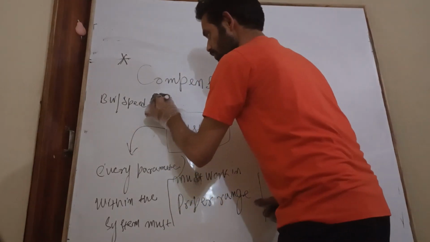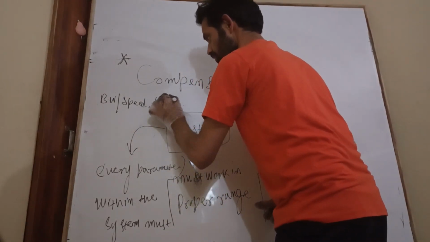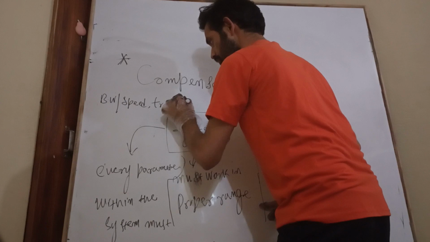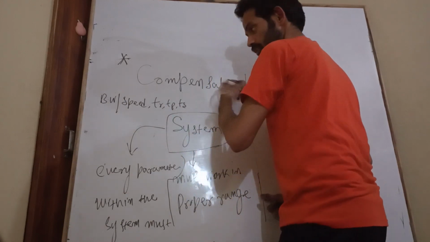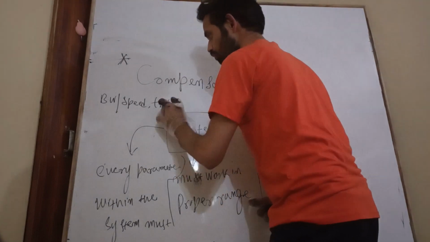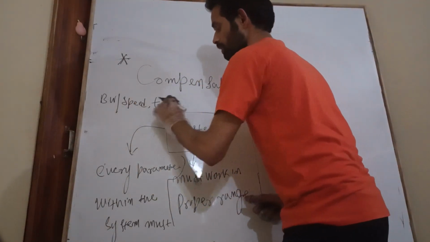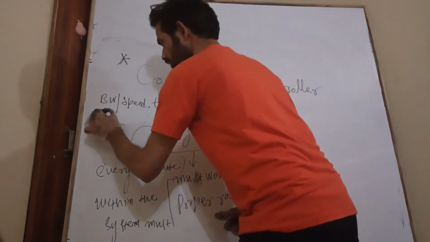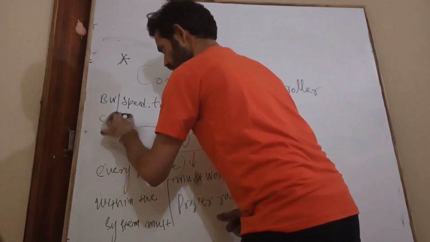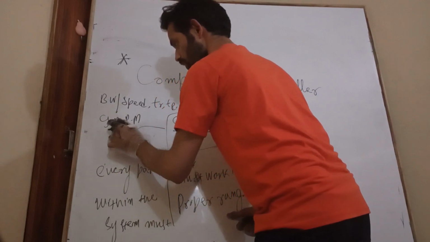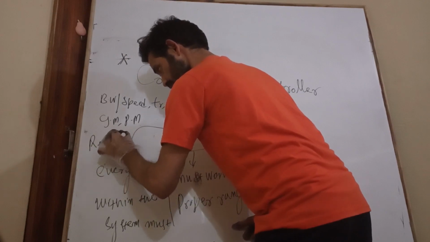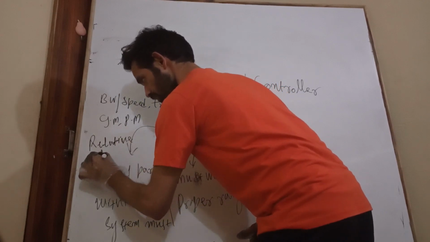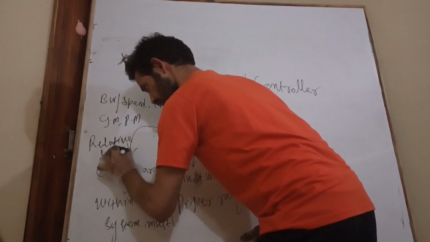In transient mode, we have rise time, peak time, settling time, and whatever parameters come before settling time. Then there are gain margin, phase margin, and relative stability.